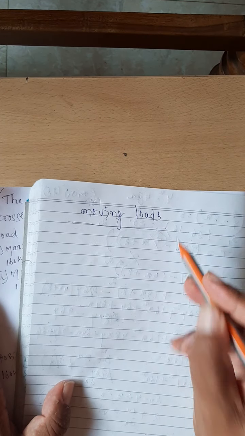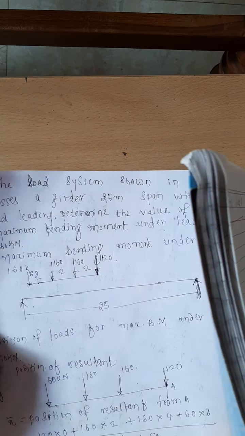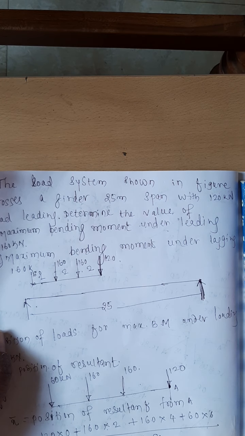Using the influence line diagram, how best we can calculate the maximum effect of the moving load at any location when a series of loads are moving. That we have already discussed in the last class. Of that, there are three important categories of problems that are asked in the examination.